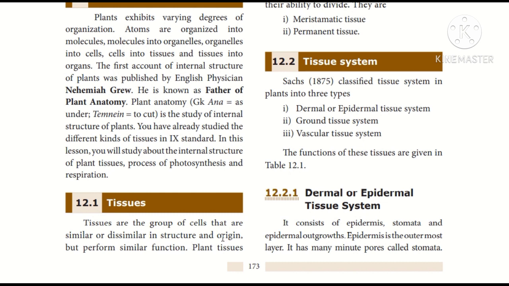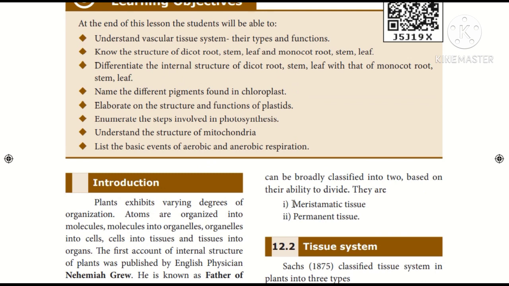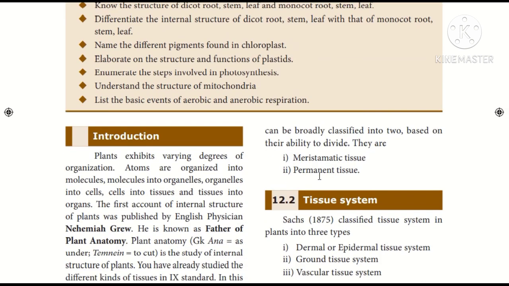Plant tissues can be broadly divided into two important types: meristematic tissue and permanent tissue. We are not going to discuss much about what a meristematic tissue and a permanent tissue are, because you have already learned in class 9.